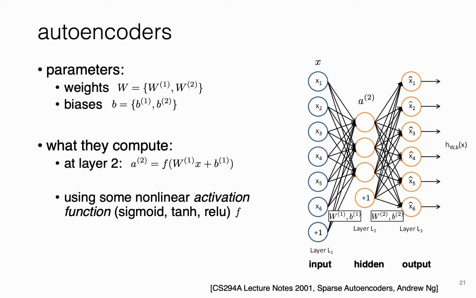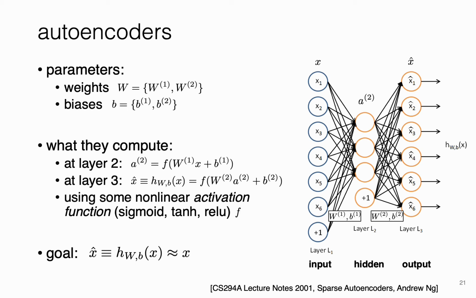The values of the hidden layer are similarly weighted by the W superscript 2 matrix, summed, and passed through another nonlinear function to produce the output x hat. As said before, the learning objective is to have x hat, the output, be similar to x, the input. The hidden layer contains a dense compact representation, the embedding of the inputs.